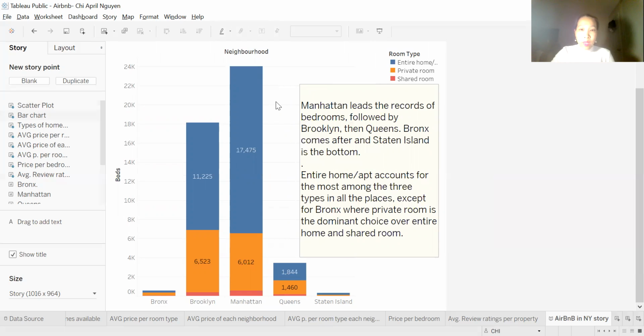Bronx comes after, and Staten Island is at the bottom. And the entire room apartment accounts for the most among the 3 types in all places, except for Bronx. In Bronx, the private room is the dominant choice over entire room and shared room.